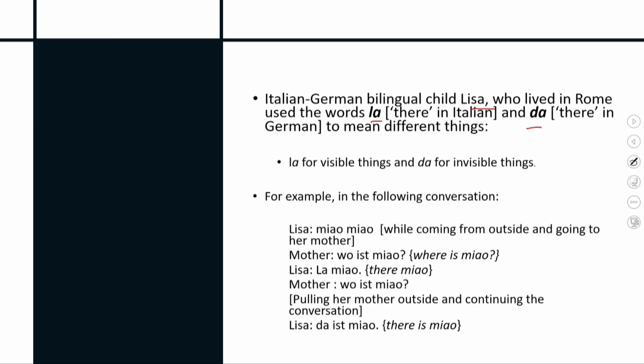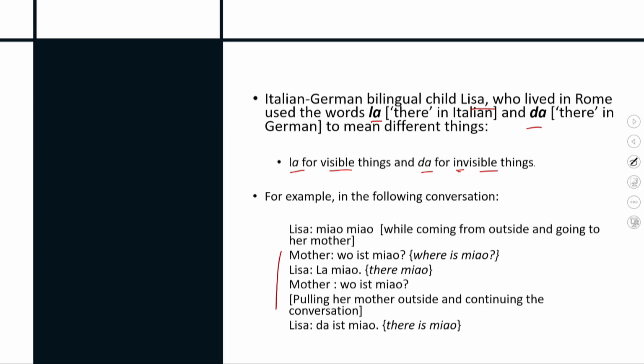She divided them, because there are two words and she is probably not understanding them as two different labels for the same concept. So, she made a finer distinction between these two. She started using la for visible things and da for invisible things. And this is how they show it, from this conversation of Lisa with her mother.